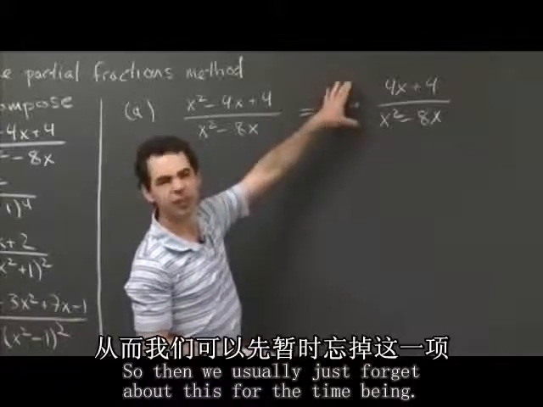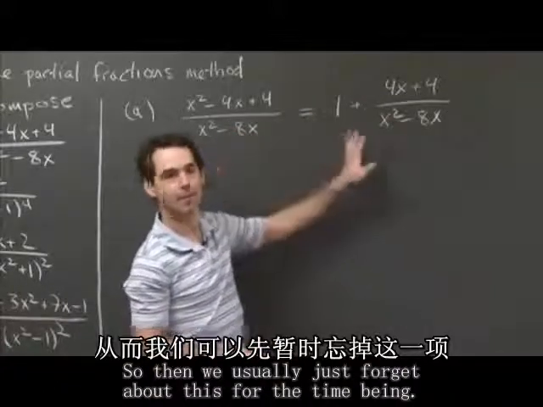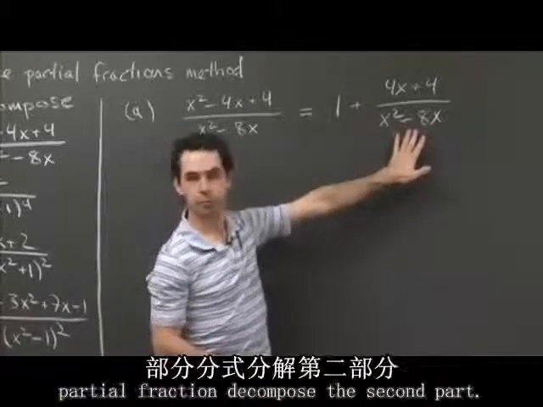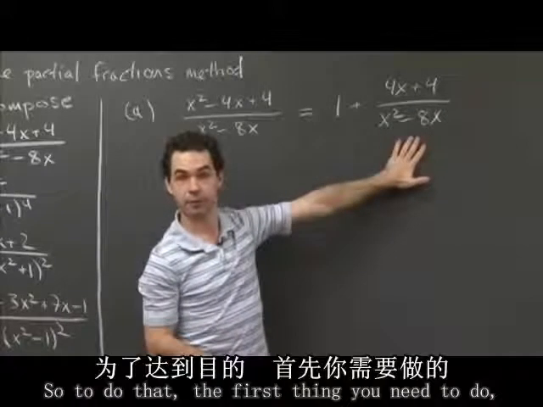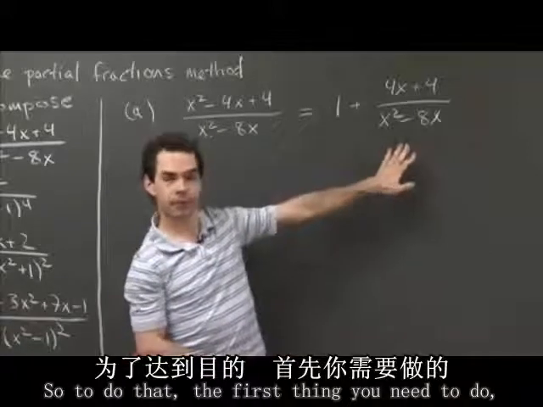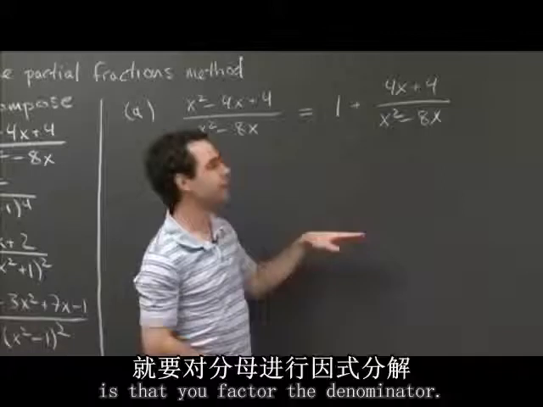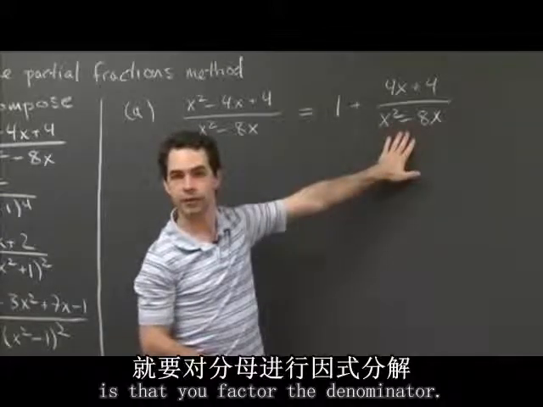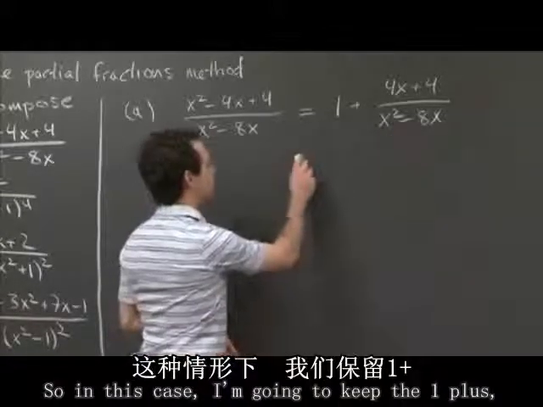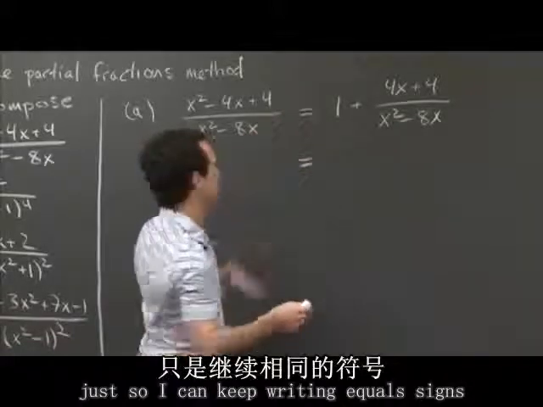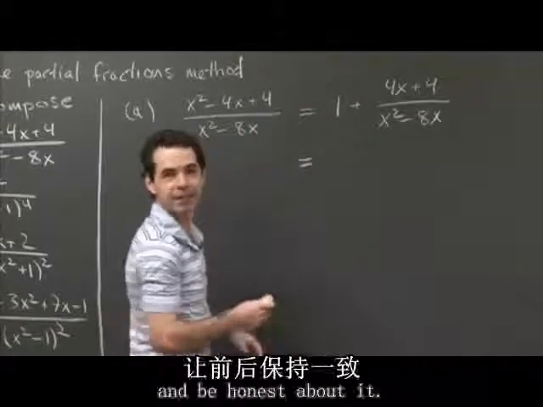So then we usually just forget about this for the time being. And what we want to do is partial fraction decompose the second part. To do that, once you've got a smaller degree on top than downstairs, you factor the denominator. I'm going to keep the 1 plus, just so I can keep writing equals signs and be honest about it.